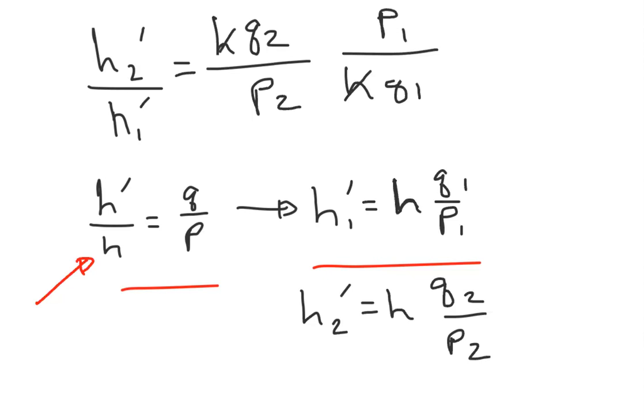And then we're left with Q2 over P2 and P1 over Q1, multiplied by themselves, right?